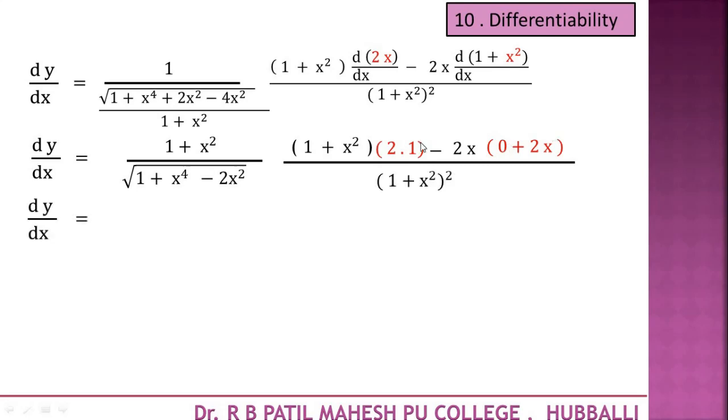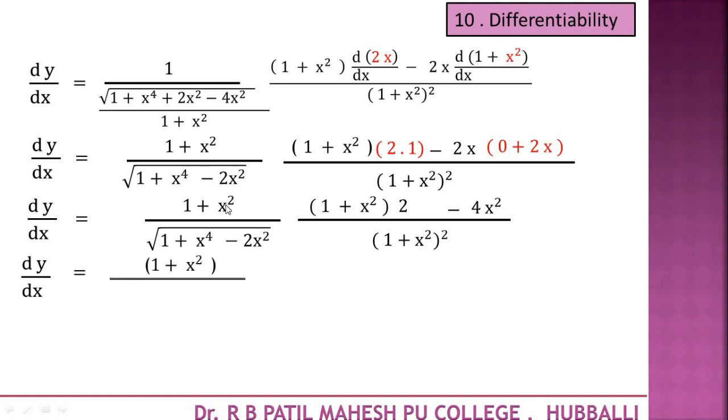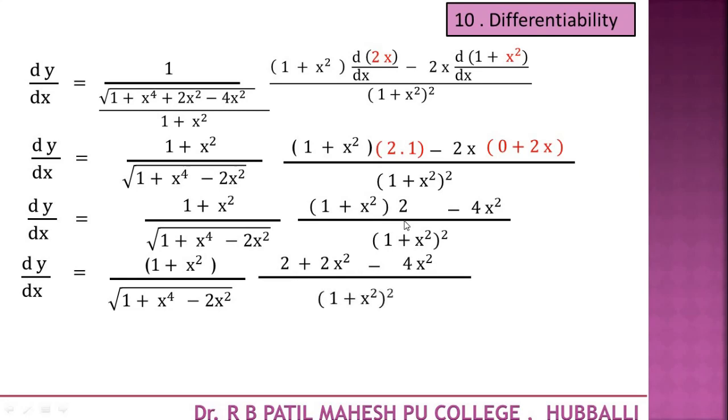So 1 plus x square divided by 1 plus x raised to 4 minus 2x square as it is, and here it is 2 into 1 is 2, and this is 4x square, whole divided by 1 plus x square whole square. Next step, numerator function as it is, denominator as it is, first term, and here if you multiply the bracket it becomes 2 plus 2x square minus 4x square, whole divided by 1 plus x square whole square.